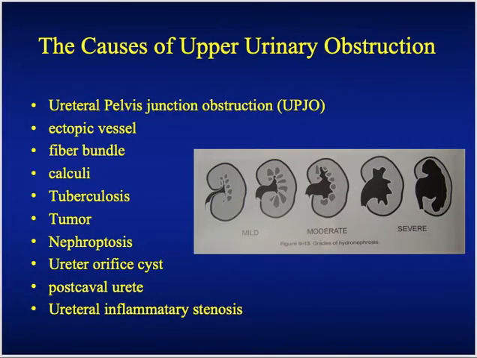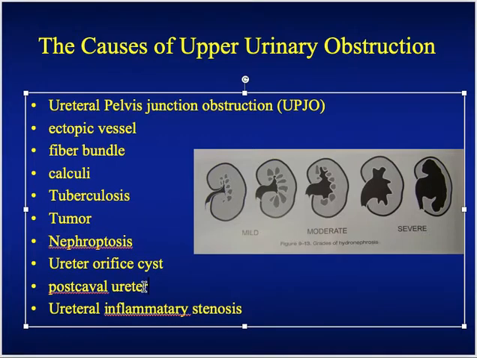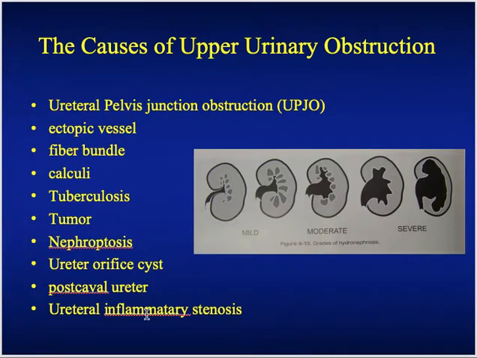These are all the causes of urinary tract obstruction: ureteropelvic junction obstruction, ectopic vessels, fiber bundle, stones, tuberculosis, tumors, nephroptosis, ureter orifice cyst, postcaval ureter, or ureteral inflammatory stenosis.